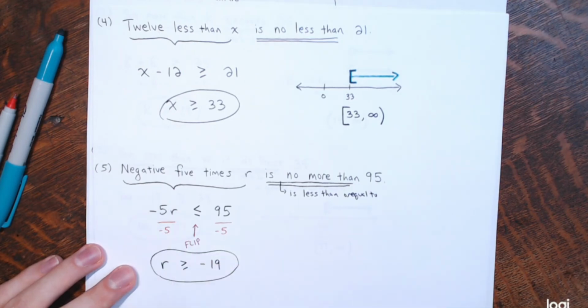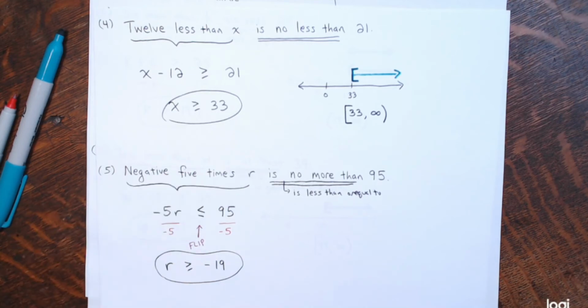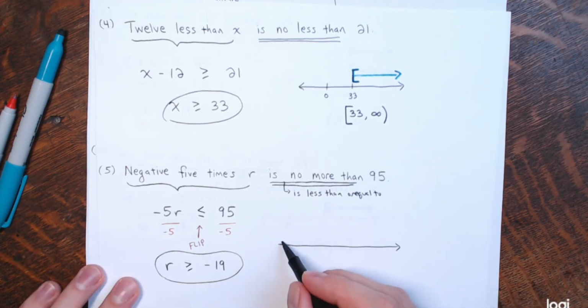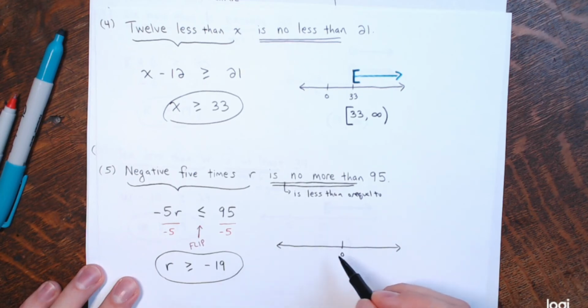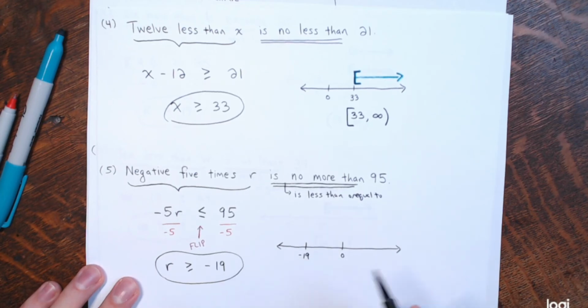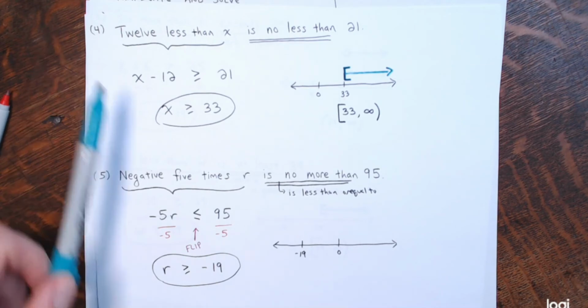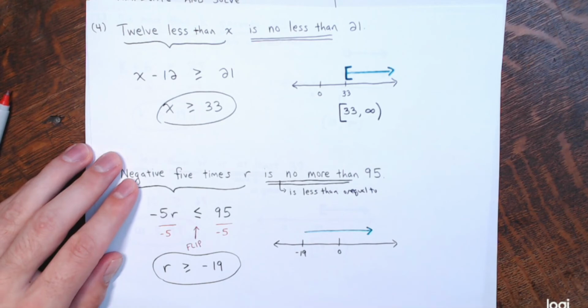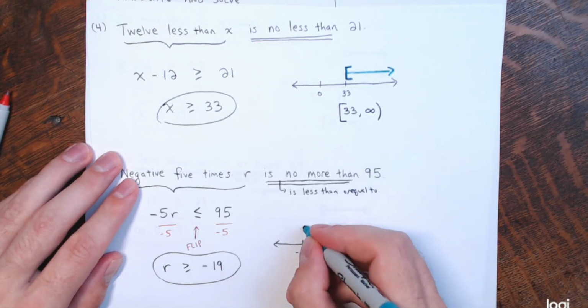And there's a description of all the solutions to this statement, right? All the numbers I could replace r with and have this statement be true. So r is any number greater than negative 19 or negative 19 itself. Here's the graph. Negative 19 would be to the left of 0. And again, all the numbers greater than negative 19 are to the right of negative 19, including negative 19 here.